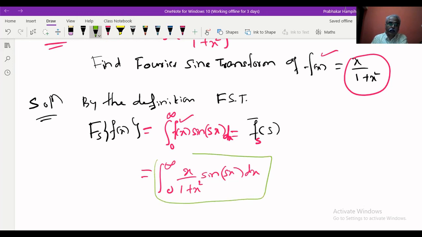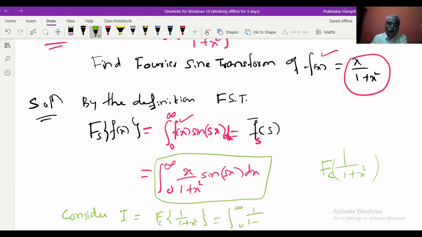Exactly this part was very much present while we found the Fourier cosine transform of 1 by 1 plus x square. So what you should do is consider I equal to the Fourier cosine transform of 1 by 1 plus x square, which is nothing but integral from 0 to infinity of 1 by 1 plus x square cos of sx dx.